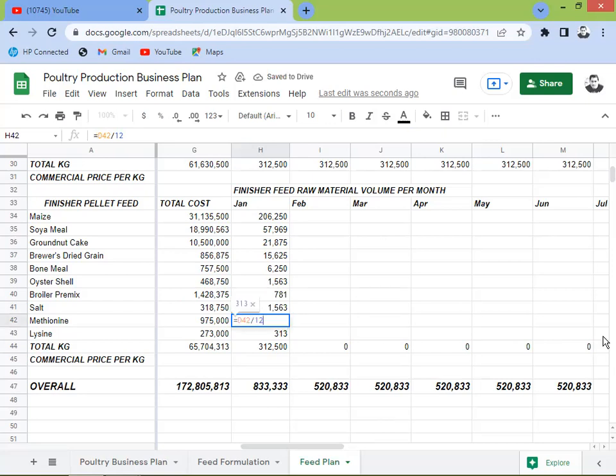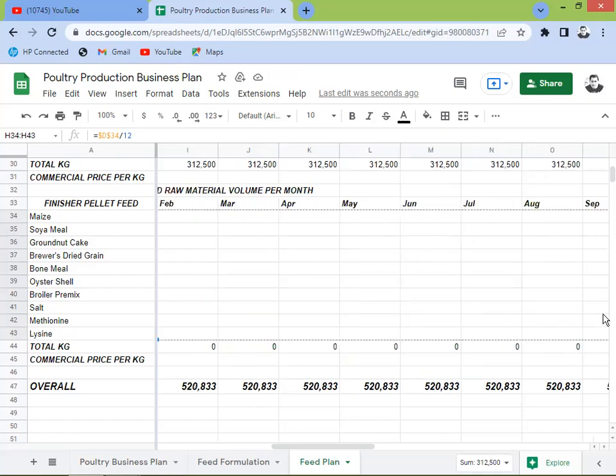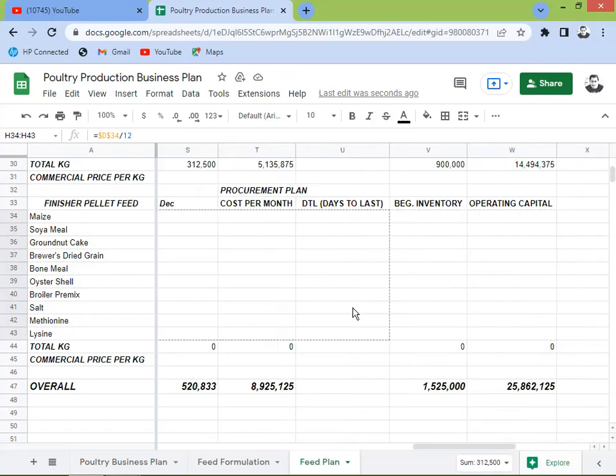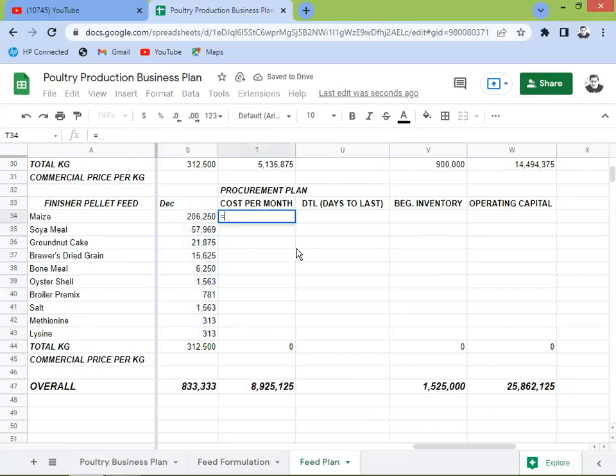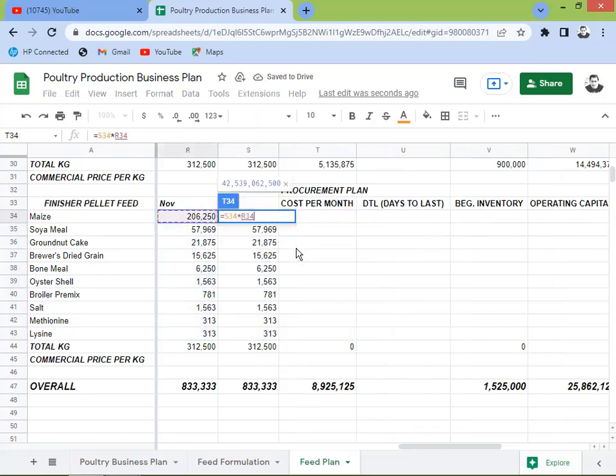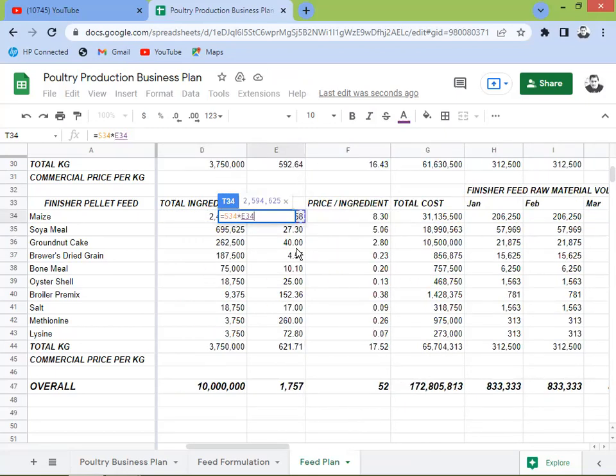Okay, second to the last. And then the last one. Then F4. Okay, then we can now drag it to the right all the way to December. And then cost per month is multiplied by price per kilogram.